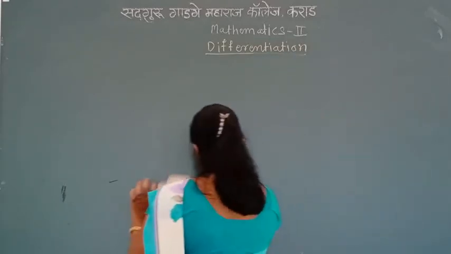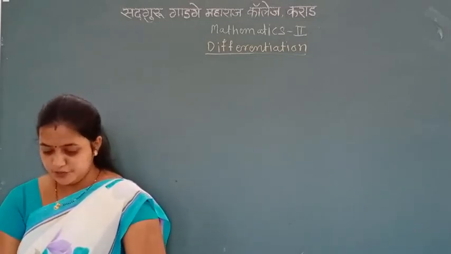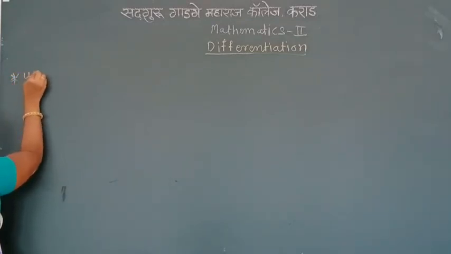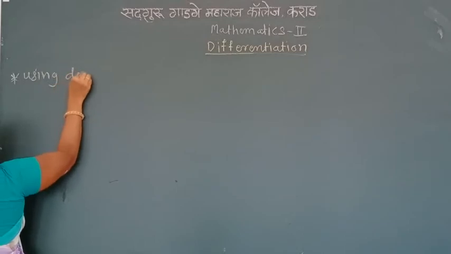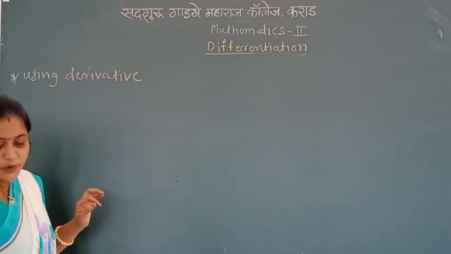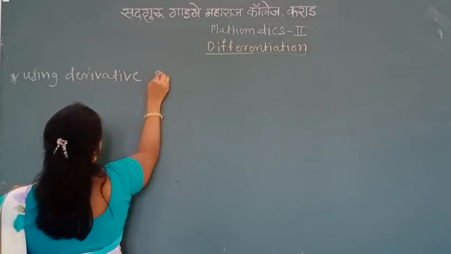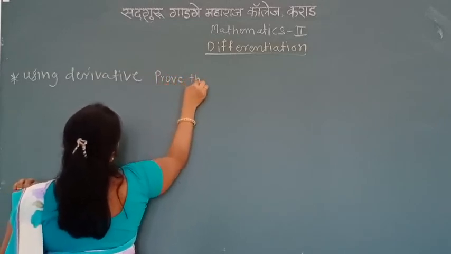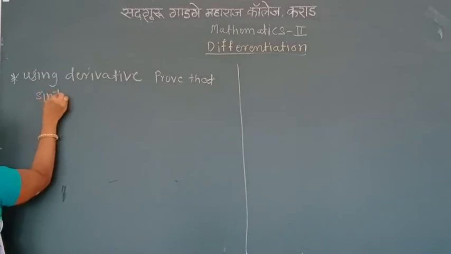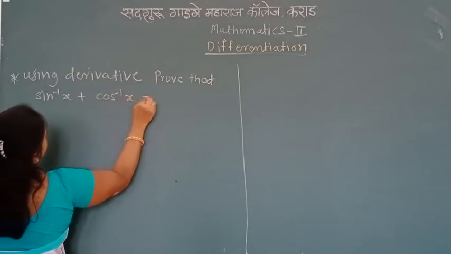Using a derivative, prove that sine inverse of x plus cos inverse of x is equal to pi by 2.